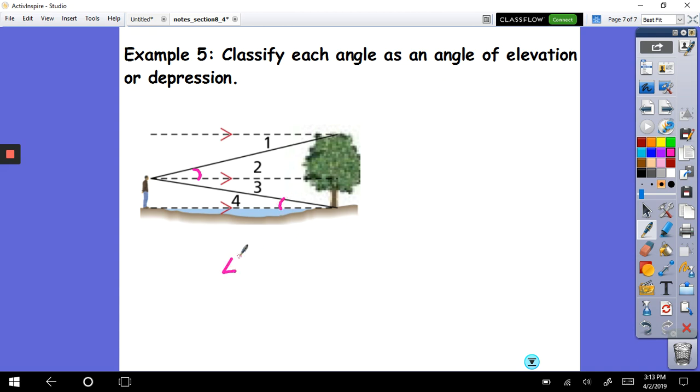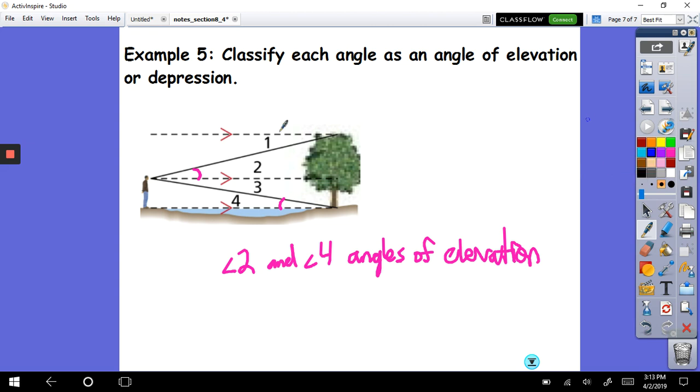So 2 and 4 are up angles, or angles of elevation. And then we have angles 1 and 3, which are angles of depression.